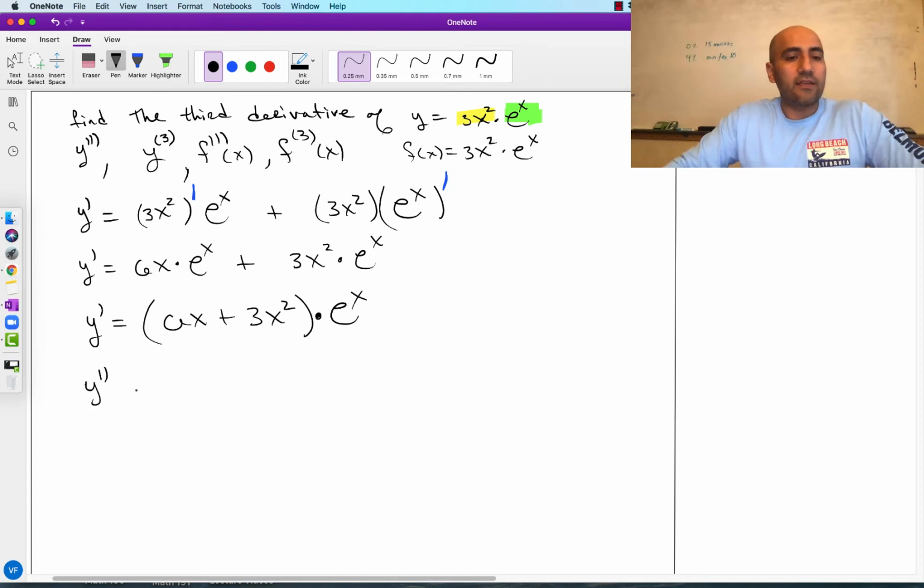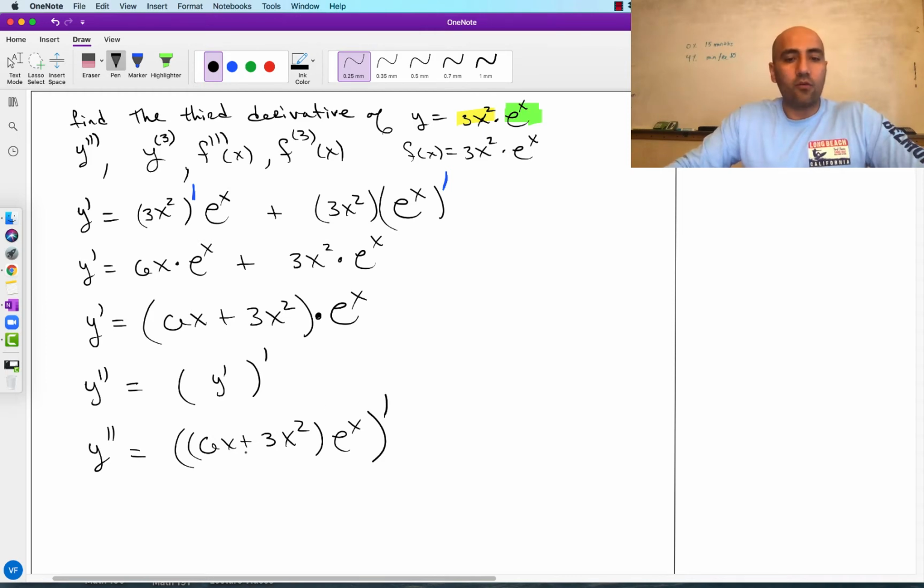So the second derivative is going to be equal to y prime prime, the derivative of the first derivative. So the second derivative is going to be equal to 6x plus 3x squared, parentheses, e to the x, parentheses, and we want the derivative of that whole thing.